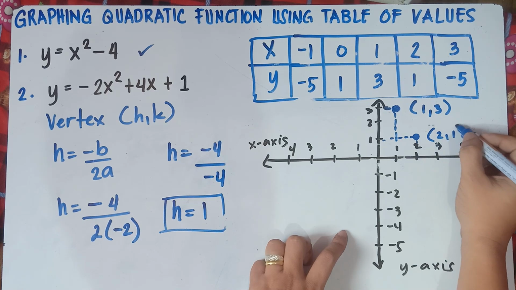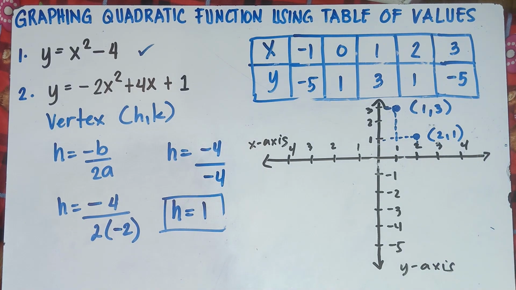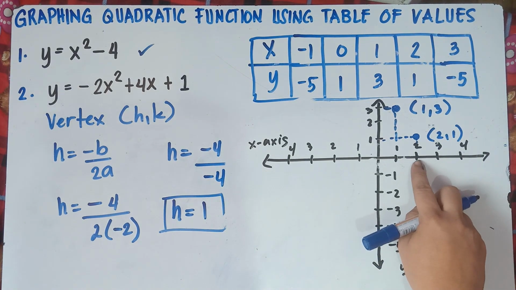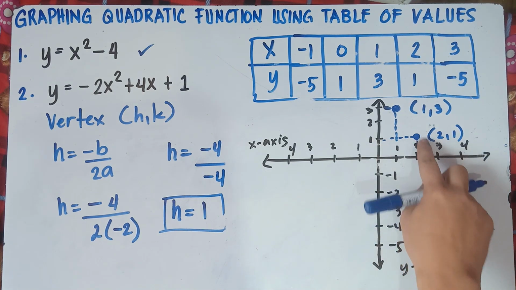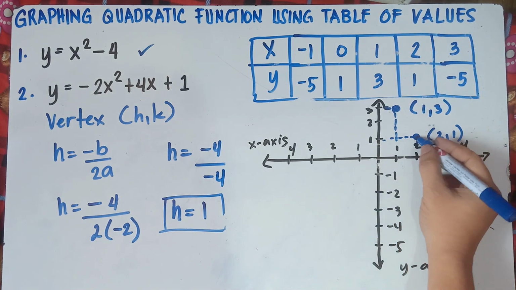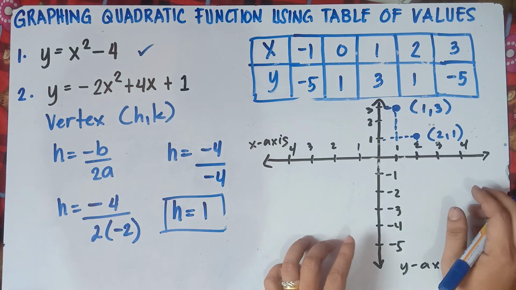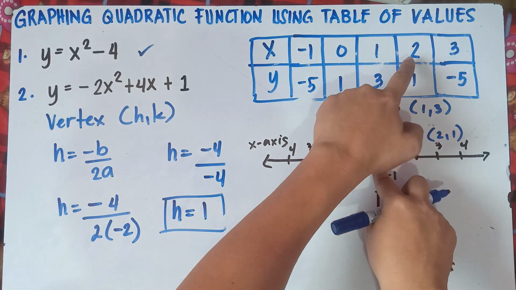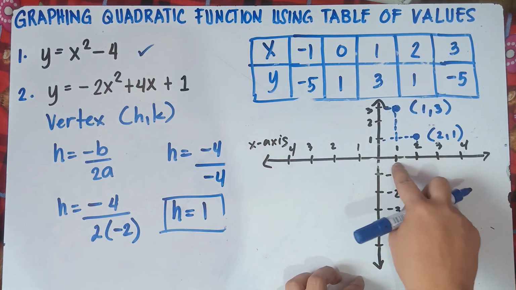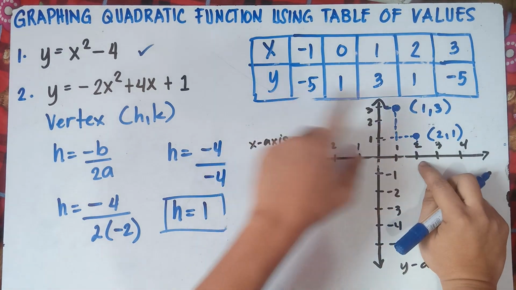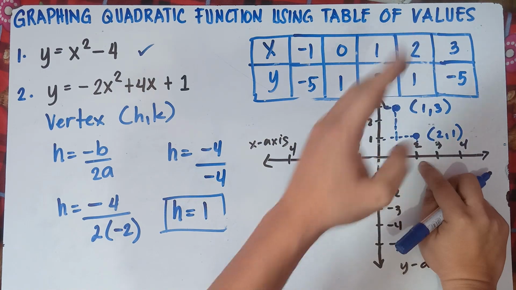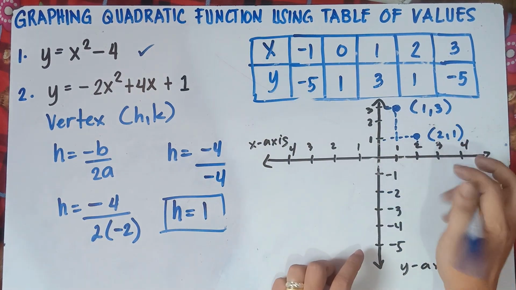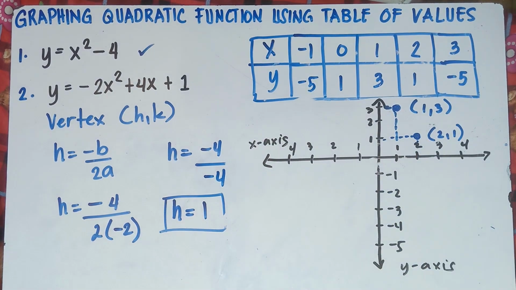Once again, if you're good at this, you can just simply get the value of x, which is 2, and then y is 1. But if you're not good at this, this will be the thing that you will do. Start at the center, you move 2 units to the right, since this is positive 2. 1, 2. Now your y is positive 1, therefore you move 1 unit upwards. Then 1. That's why you have this point.